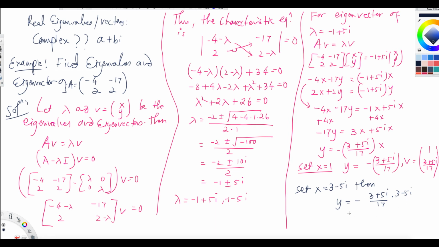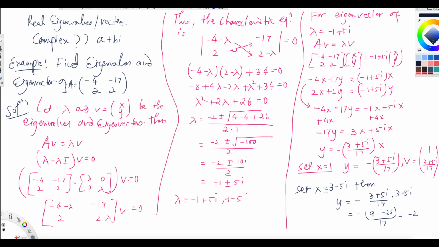So what do you get? You get negative, and then 3 times 3 is 9, and then 3 times negative 5i and 5i times 3 will cancel out. So 5i times negative 5i is minus 25i squared, which will be positive 25. You see that, over 17. Basically you get 9 plus 25 is 34, divided by 17 will be negative 2. You see that?